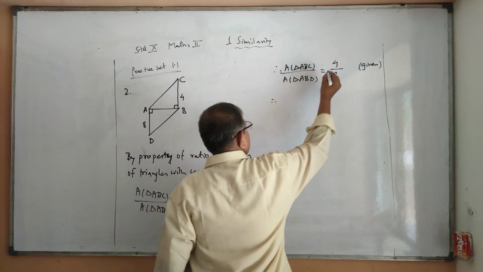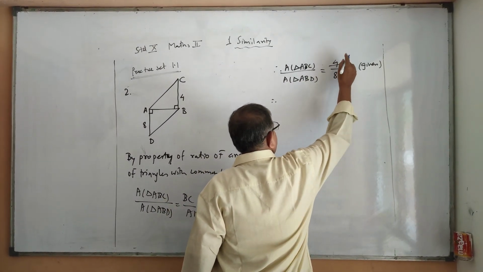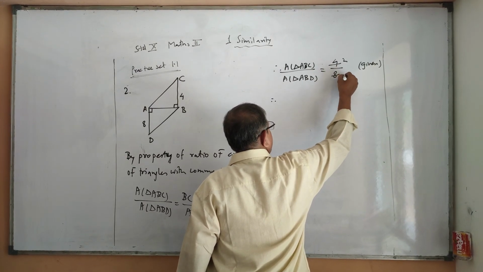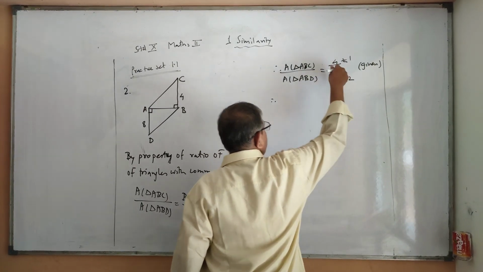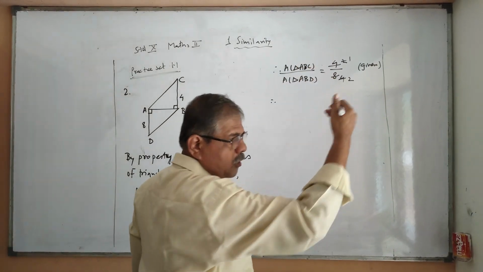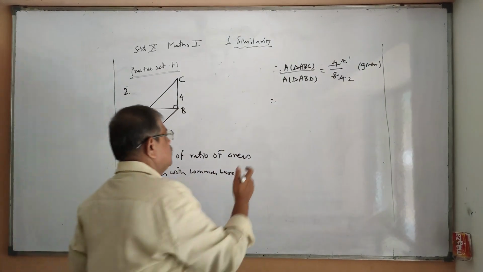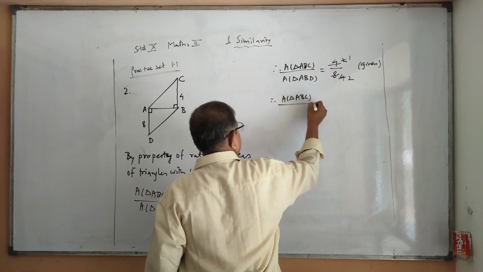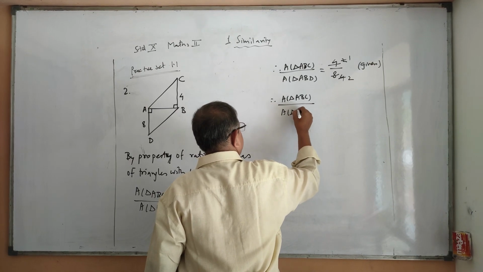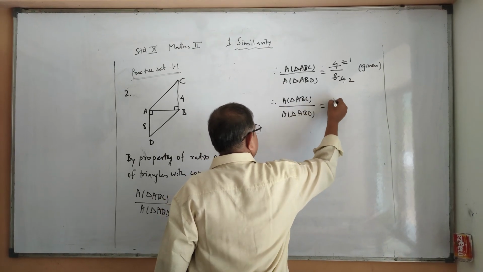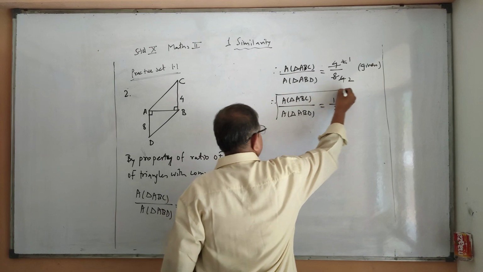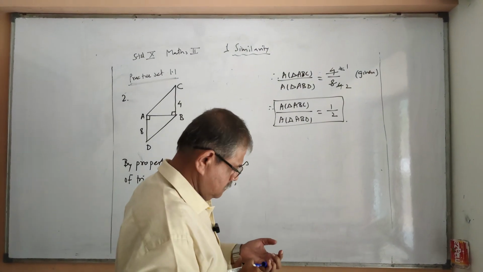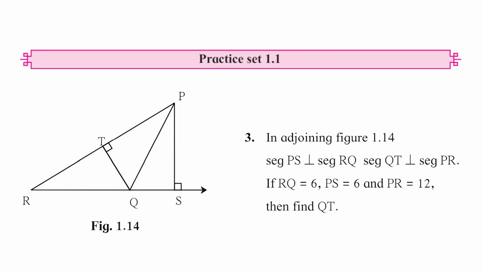Actually one can do it directly. 4 upon 8 is 1 by 2. So area of triangle ABC upon area of triangle ABD is equal to 1 upon 2. This is my answer. Write down.